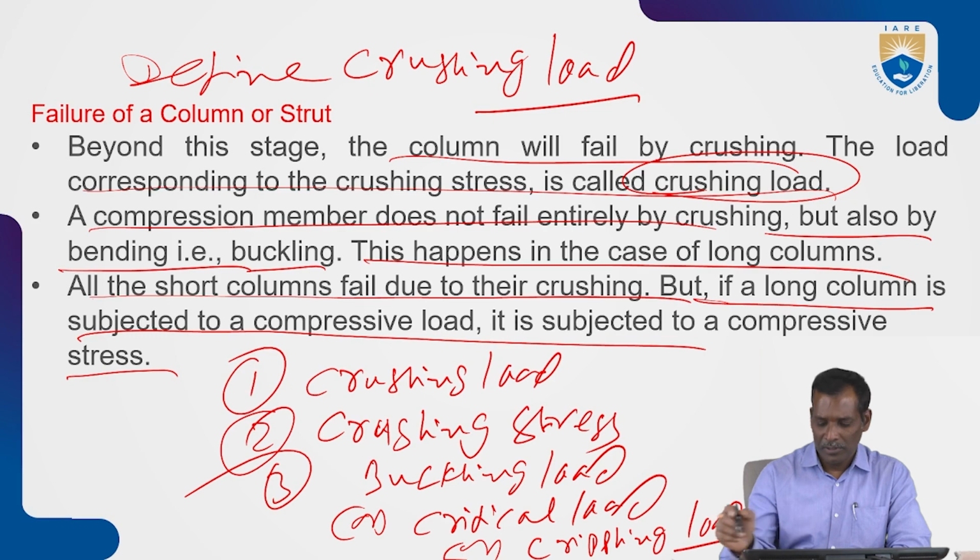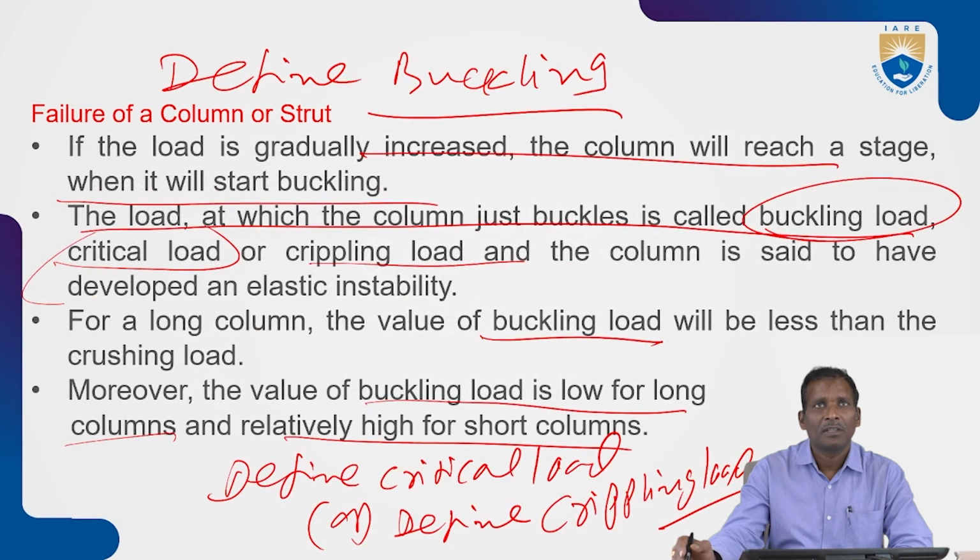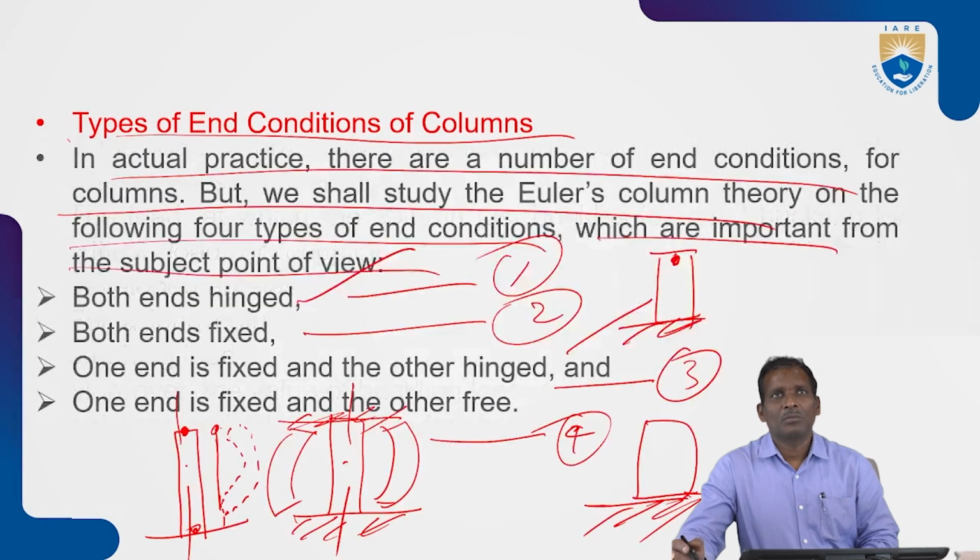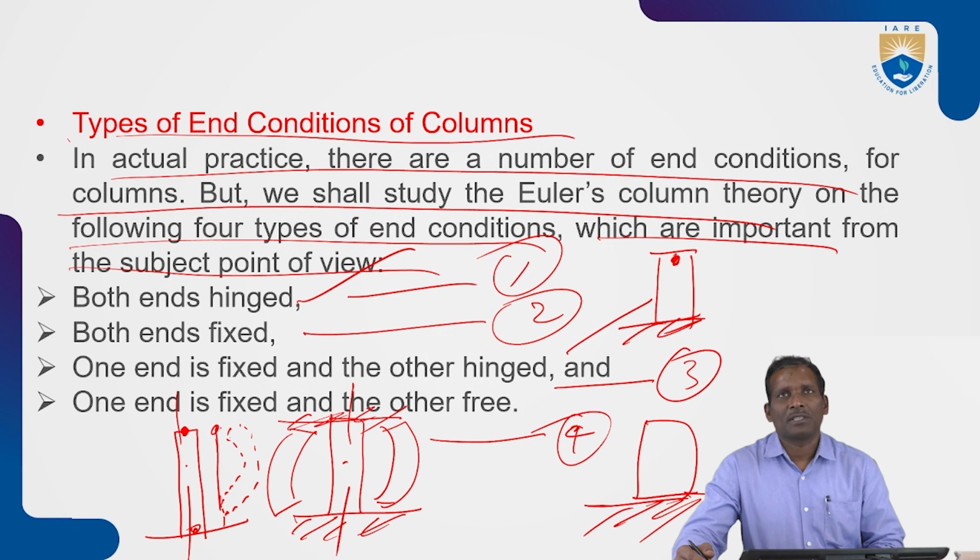These are the important terms related to columns and struts. And also these four conditions are important. Euler's column theory is based on these four end conditions: both ends hinged, both ends fixed, one end fixed and another end hinged, and one end fixed and another end free.